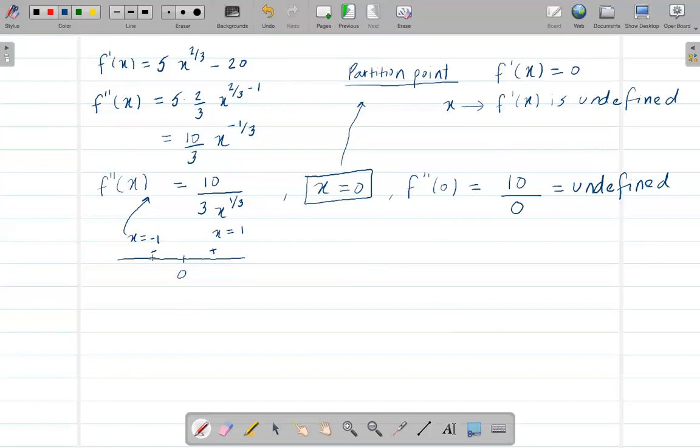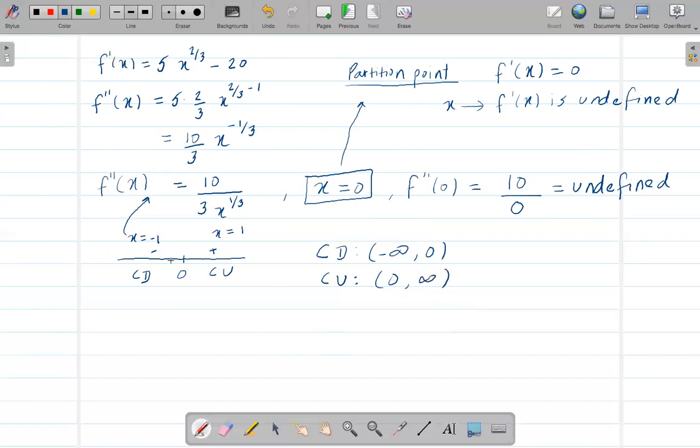All right. So if this is negative, this is concave down or CD. If this is positive, this is concave up, right? So that means the concave down interval is from negative infinity to 0, and concave up is from 0 to positive infinity, right?